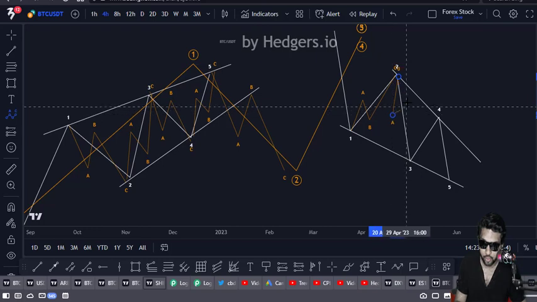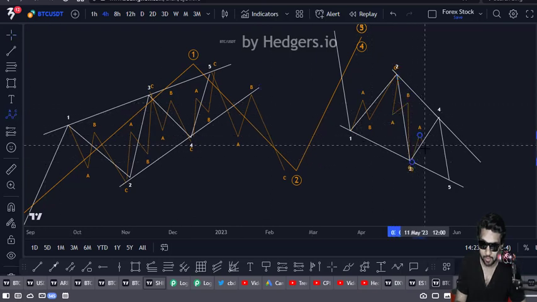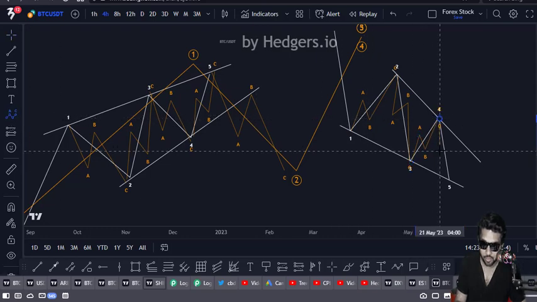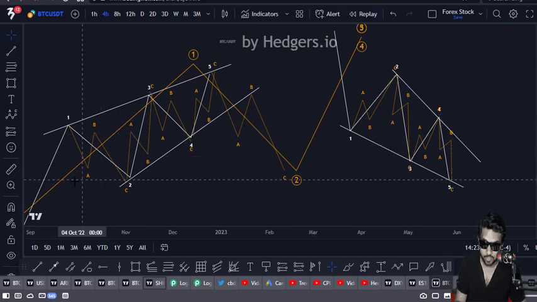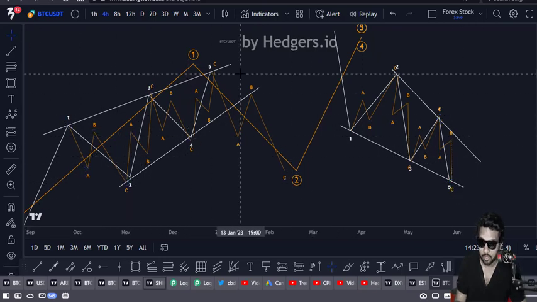And if you want to know the Fibonacci targets of the diagonal, you're going to practice the same thing that I just taught you previously in the 1 2 3 4 5: how to find the wave C target, B target, 2 target, and the wave 3 target. Everything is the same. You follow the same rule in this leading diagonal to find its targets.